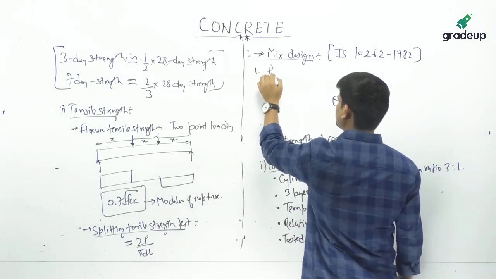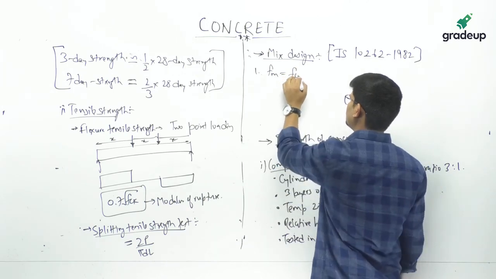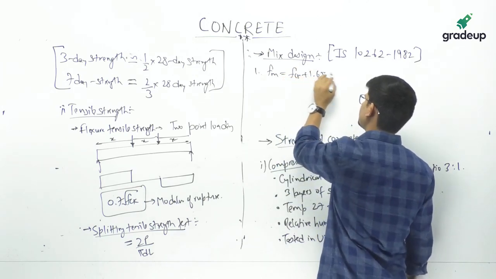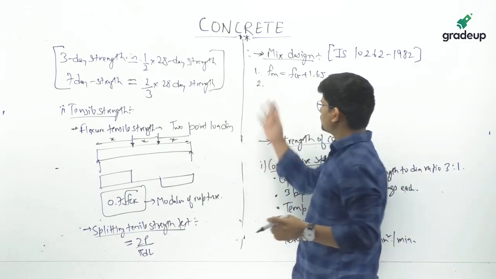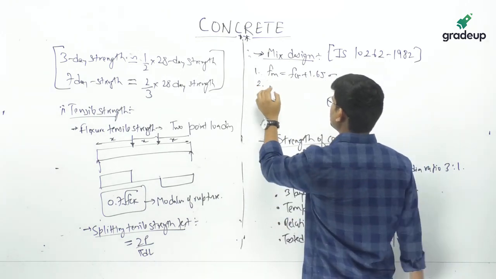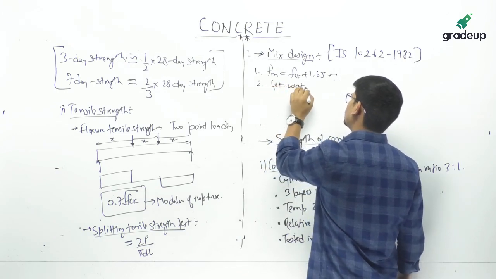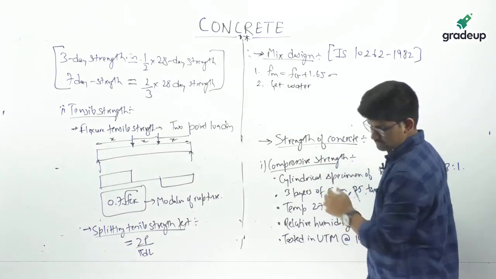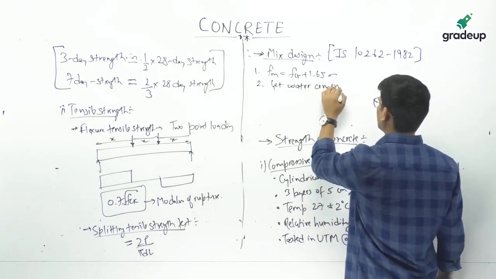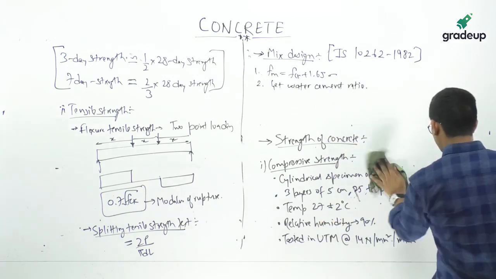Okay. So first thing is you find the F mean, target mean strength, that is FCK plus 1.65 sigma. Okay. So using the target mean strength you get the water cement ratio. Okay.